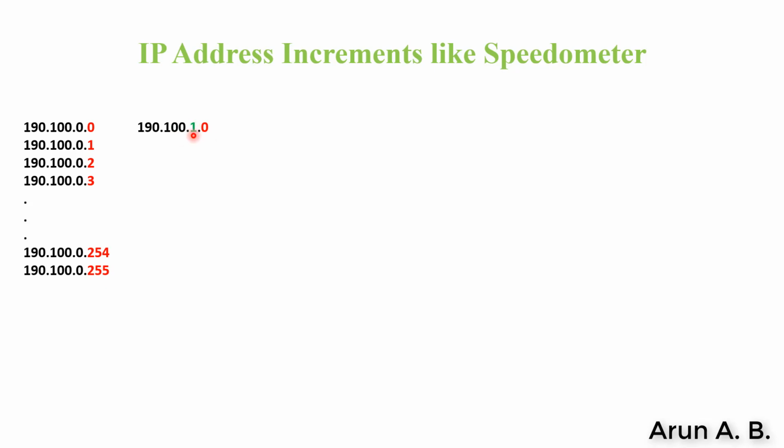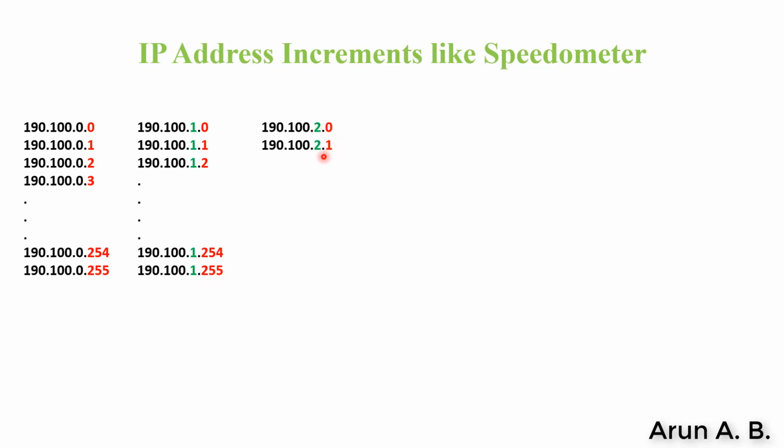So that is one increment to the next most significant byte. Similarly, in this one also the values again go on incrementing in the least significant byte until they reach 255. 1.0, followed by 1.1, 1.2, 1.3, 1.4, and so on, up to 1.254. Finally it reaches 1.255. After this, the next value will be 2.0, as shown here. Then 2.1, 2.2. It goes on incrementing up to 2.254. Finally it reaches 2.255. After this again it will be 3.